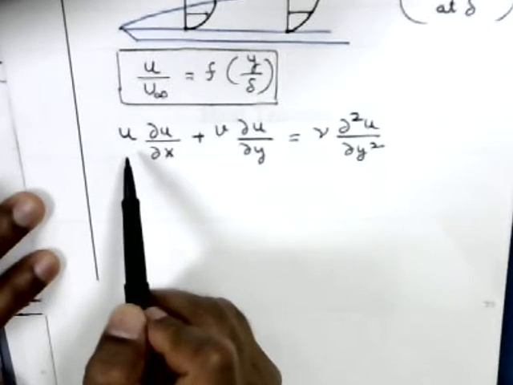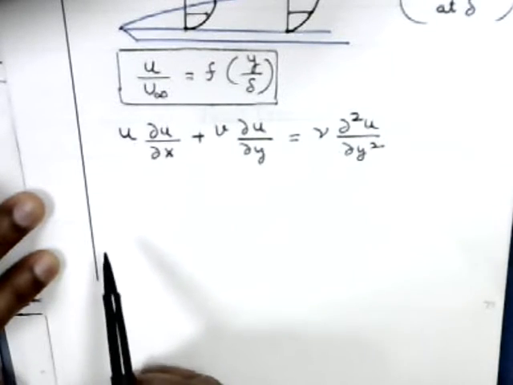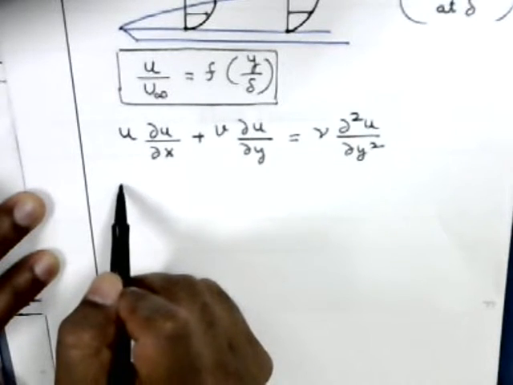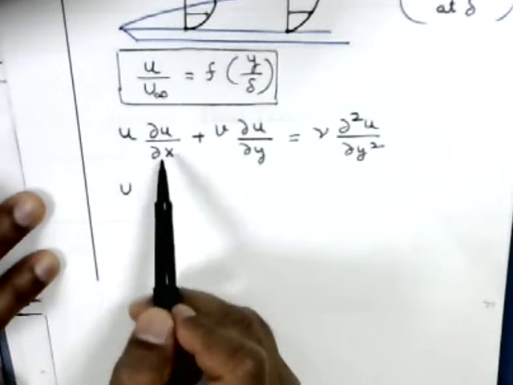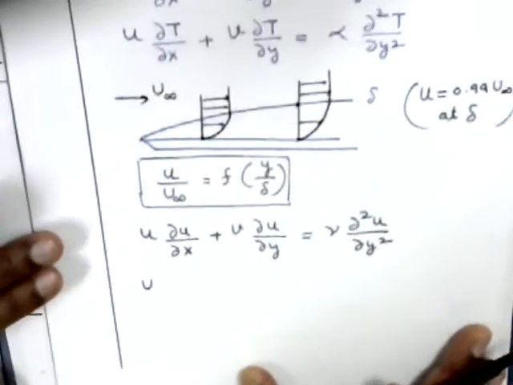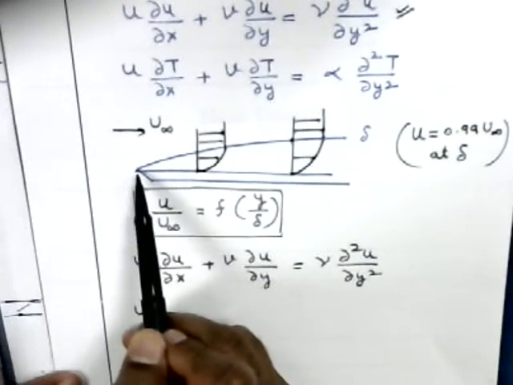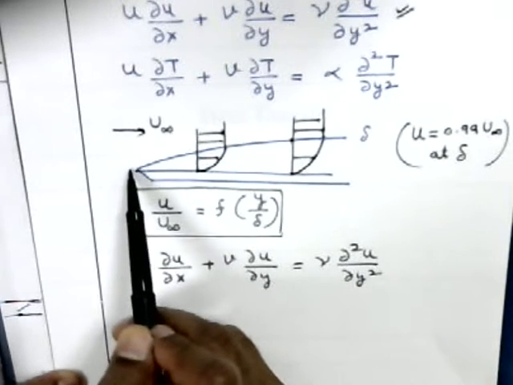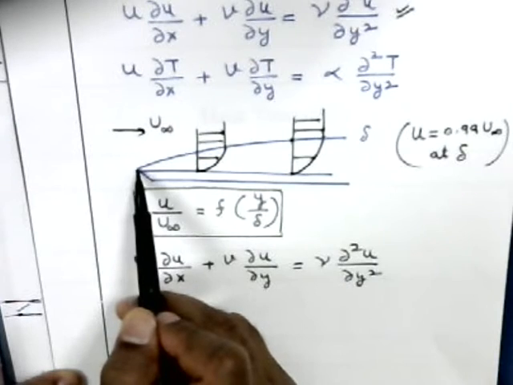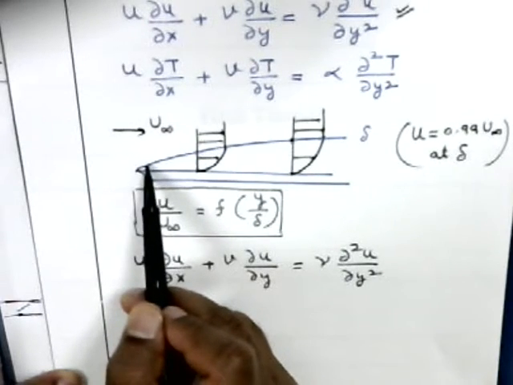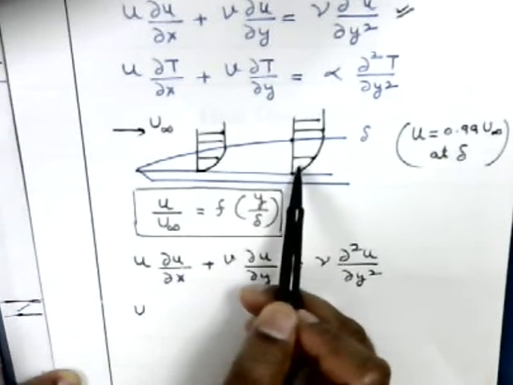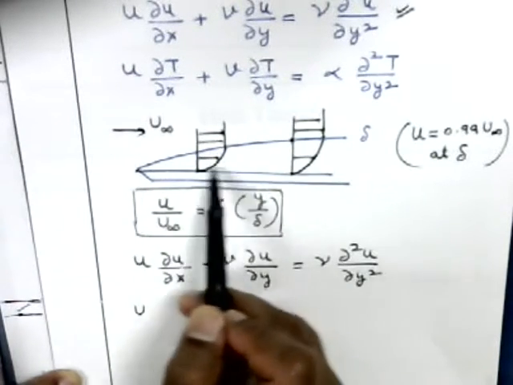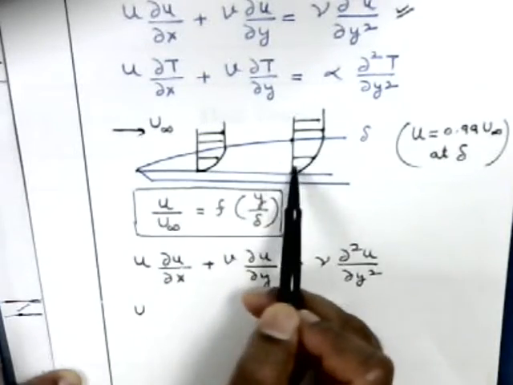Now in the analysis within the boundary layer, u is of the order of u infinity, and for del u/del x, at this point velocity is u infinity, and along this at any distance x, velocity is very small, so this change in velocity is actually u infinity.